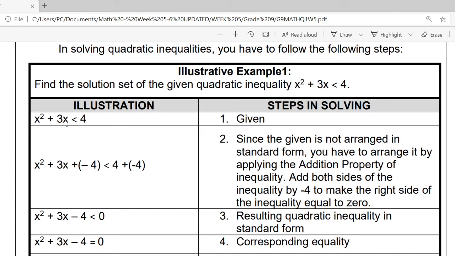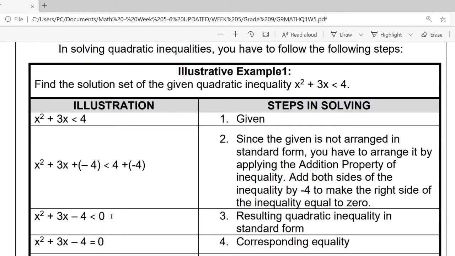So from here, we need to make this 0. For us to make this 0, we have to add -4, and you have to add -4 also on the other side. So this will become now 0. This is now x squared plus 3x minus 4 less than 0.